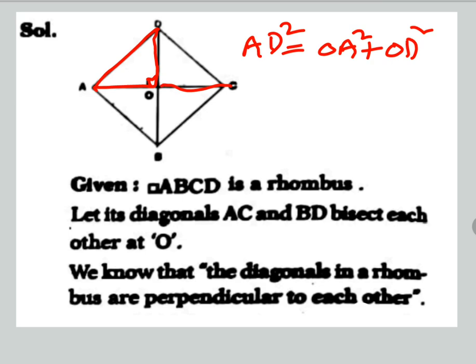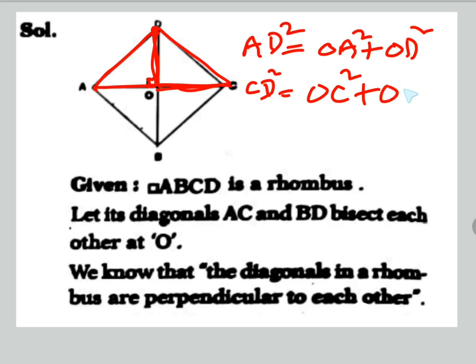From triangle COD, it is also a right angle triangle. We can write CD square is equal to OC square plus OD square.